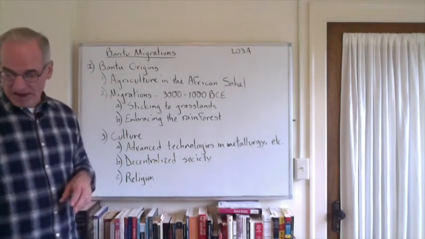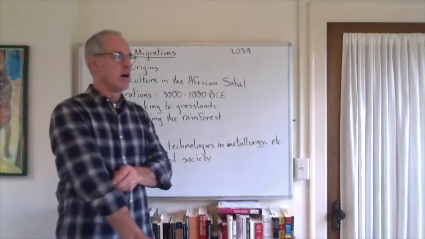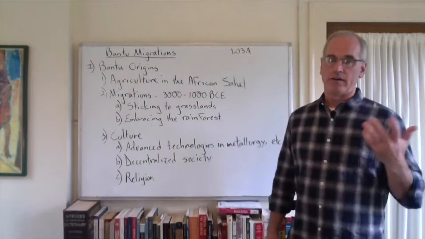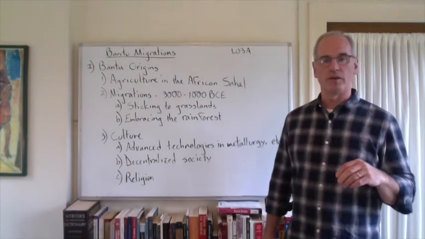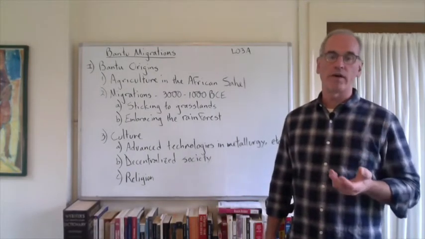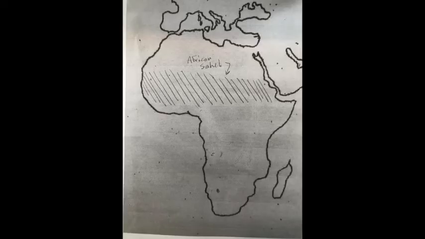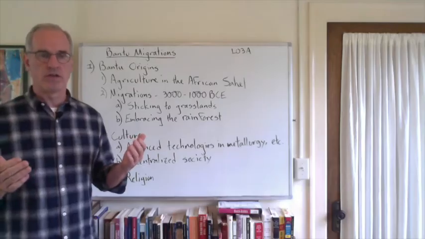But the Bantu-speaking peoples developed agriculture several thousand years ago, we don't know exactly, but before 4000 BC, along the African Sahel. And again, the African Sahel is this strip of fertile land across the lower edge of the Sahara Desert. So to the north of the Sahel, you have pure desert.